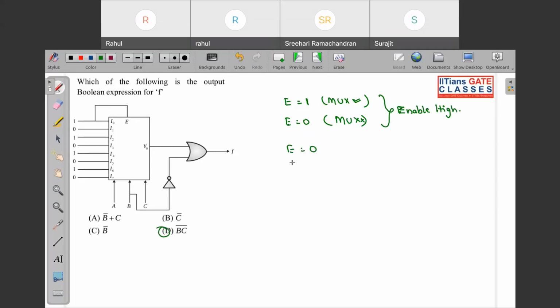And for this E equal to 0, mux works, and if E complement is 1, mux does not work. So this is enable low. In enable low, whenever your input to enable is 0, only at that time will the mux work. Now let us solve this question.